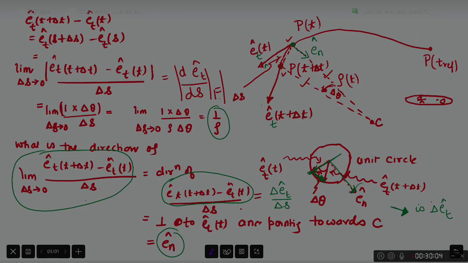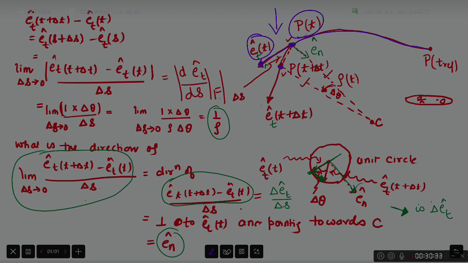Now, to get this magnitude, let us focus on the diagrams that I have made here. So this is the trajectory of the particle. This is the current location at time t, and at time t the local tangent is pointing in this direction. This is et. Then at time t plus delta t, the particle comes here.